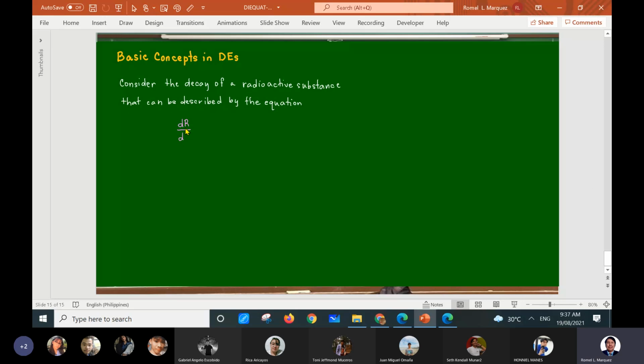So the derivative of R with respect to t is equal to negative kR, where k here is a constant.